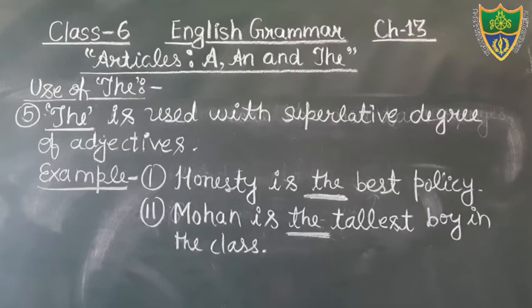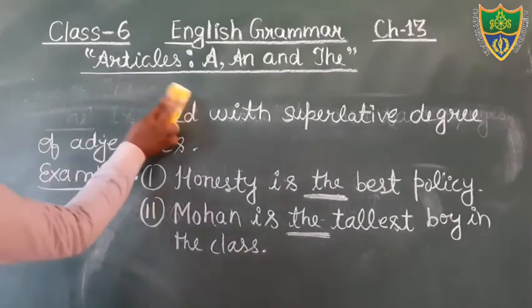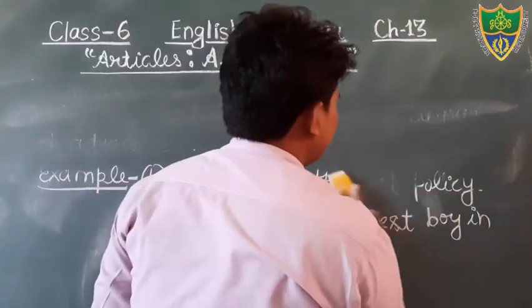You can see the example. Honesty is the best policy. Mohan is the tallest boy in the class. Okay, students, and one more you write. Yes, students, I am going to erase it. I hope that you all have written already. It is also given.